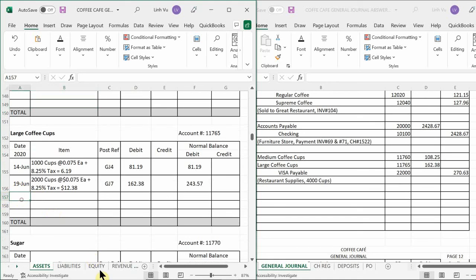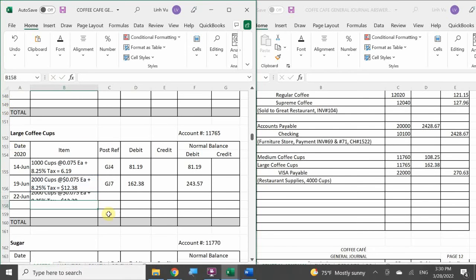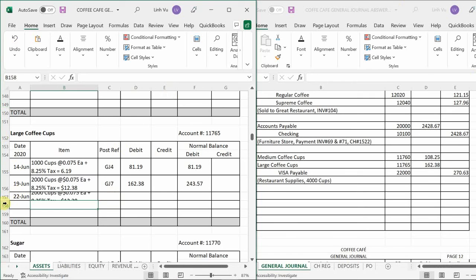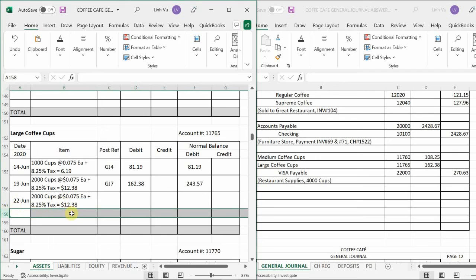We got to fill in our large cups too, right? We bought the same thing, 2,000 at 7.5 cents plus 8.25% tax, which gave us a total of $12.38, which resulted in 162.38.